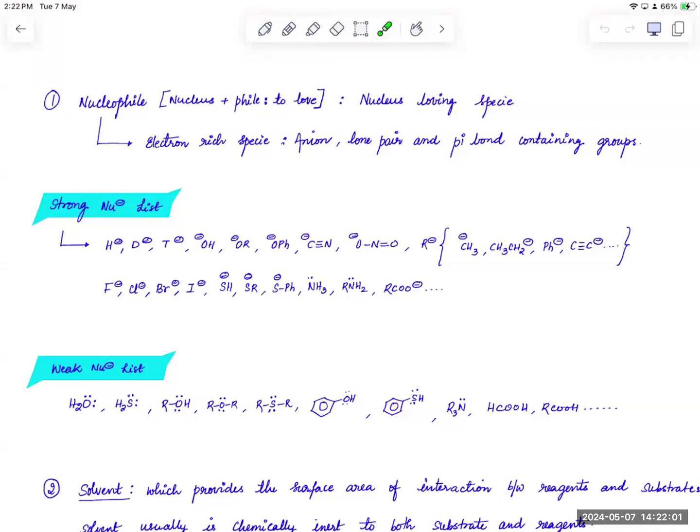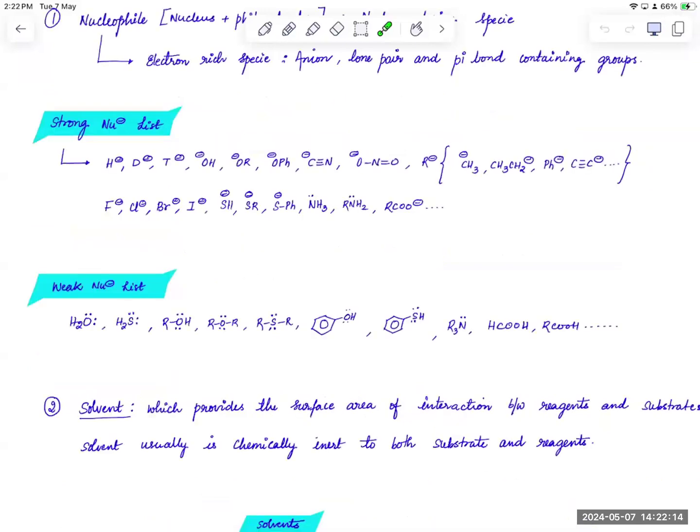So any electron-rich species, which is an anion or a neutral atom that contains a lone pair or a pi bond, is called a nucleophile. Generally, we categorize nucleophiles into strong and weak. If we are getting these nucleophiles from a relatively weak acid, then they are going to be very strong bases, and those strong bases usually act like strong nucleophiles. Got it?